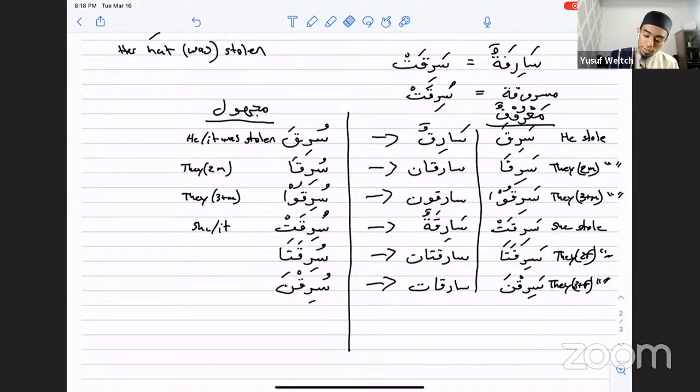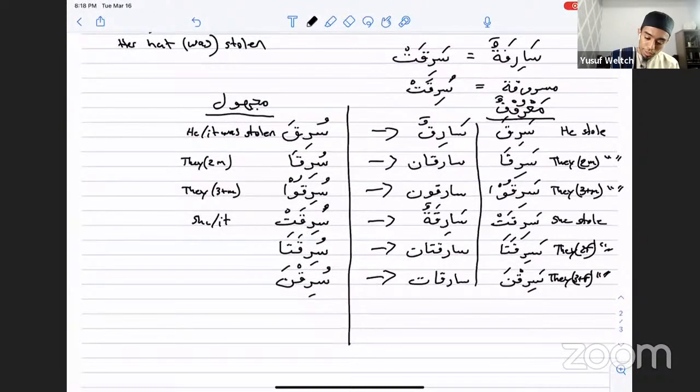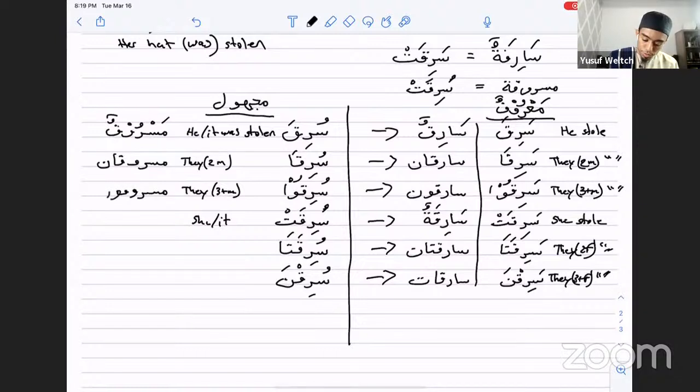Sarqat. So now the noun equivalent to this would be what we just mentioned, the ism al-maf'ul. Masruqun is one masculine thing that was stolen. Masruqani, same thing. Masruqun. Masruqatun. My cat was stolen. Qittati suriqat or qittati masruqah.